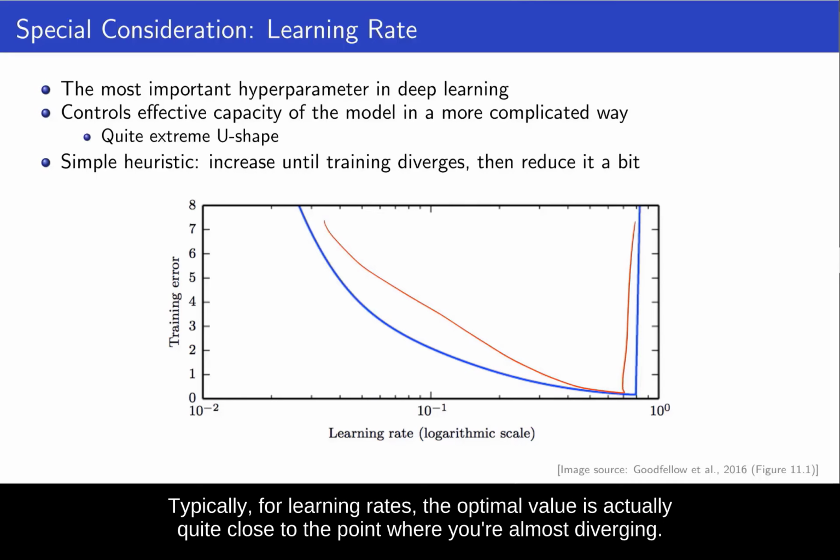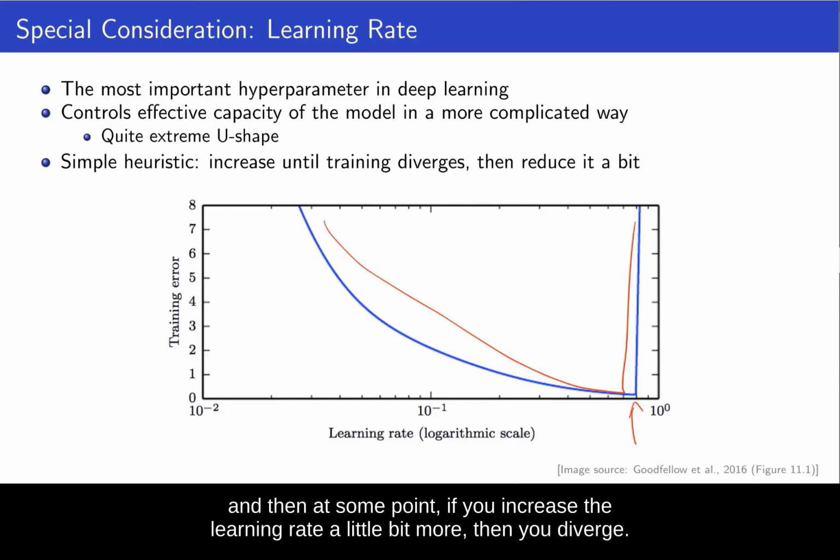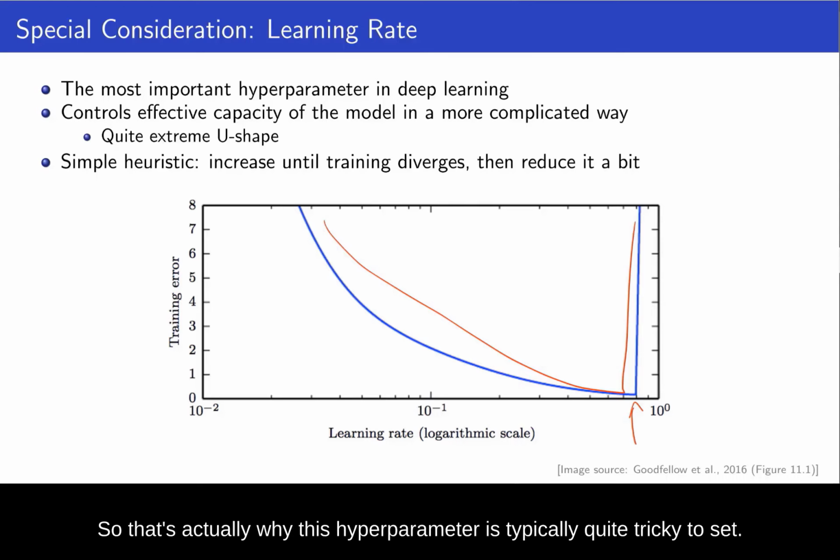Typically, for learning rates, the optimal value is quite close to the point where you're almost diverging. So you're getting better and better, and then at some point, if you increase the learning rate a little bit more, then you diverge. That's why this hyperparameter is typically quite tricky to set.